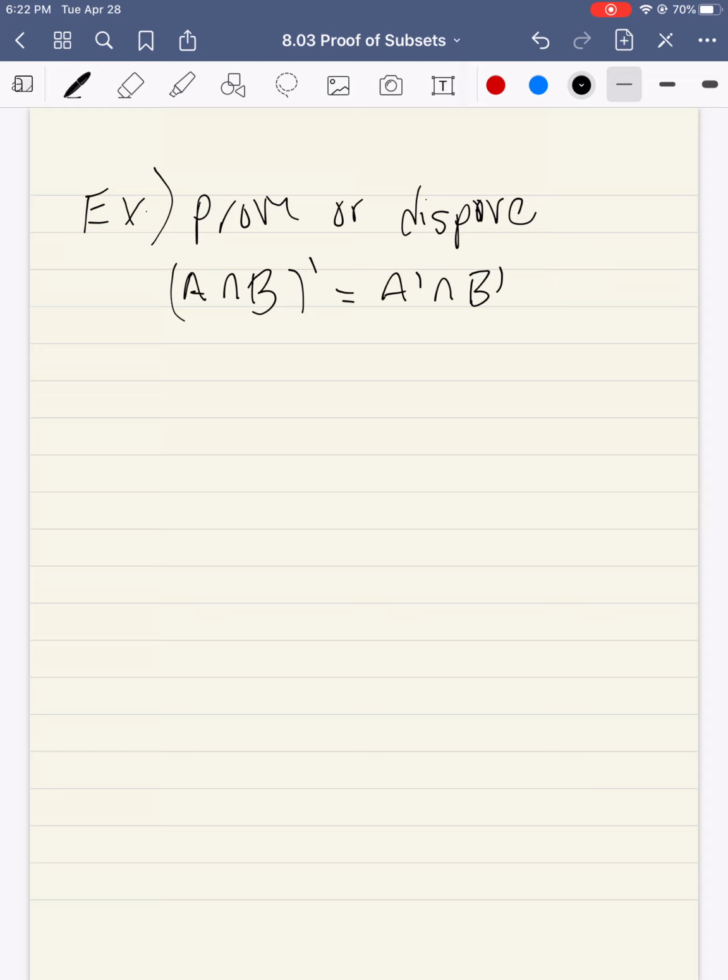Right off the bat, I'm a little wary of this, because if we remember from logic, this is one of De Morgan's laws, where we would have A prime union B prime. But let's go ahead and see whether we prove or disprove this by just doing an example.